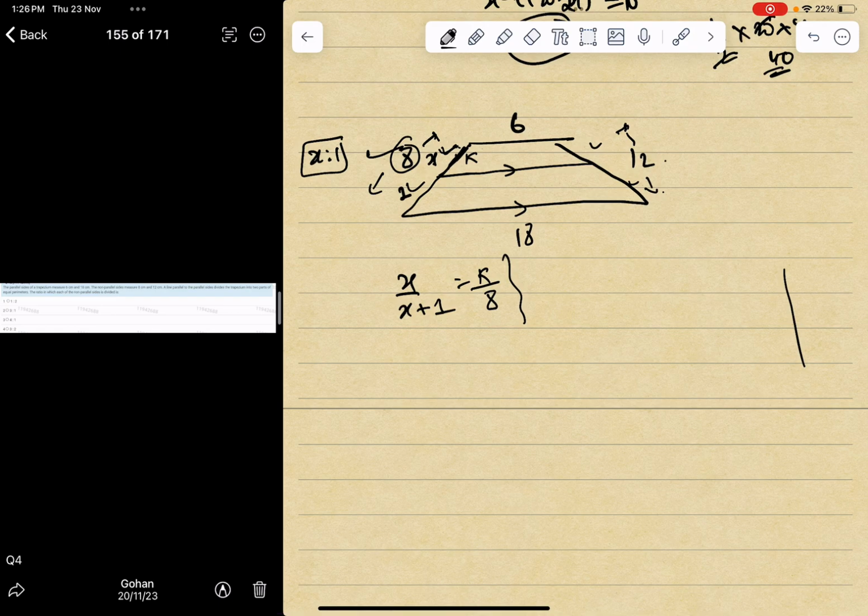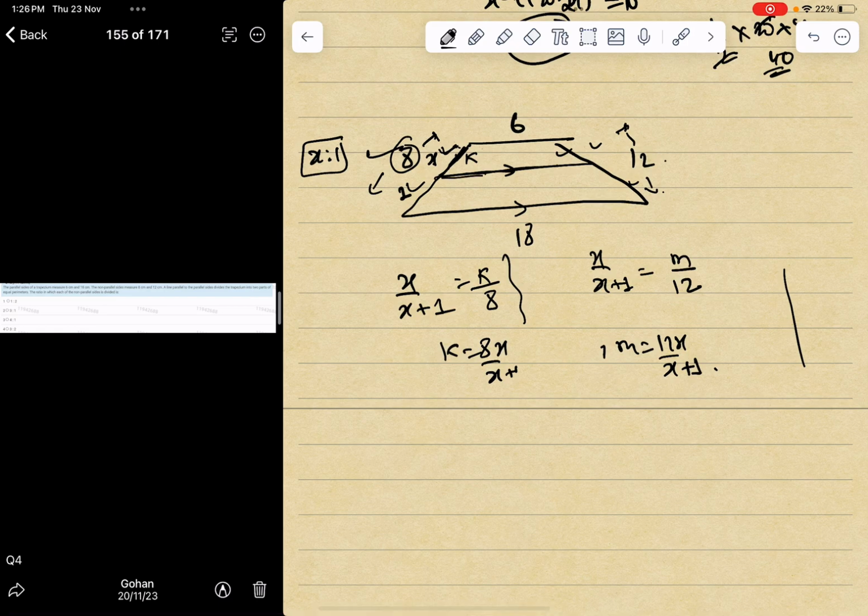Similarly, we can write this for this side as well, x by x plus 1 equal to this particular side, say m by 12, right? So k can be written as 8x by x plus 1 and this m can be written as 12x by x plus 1.